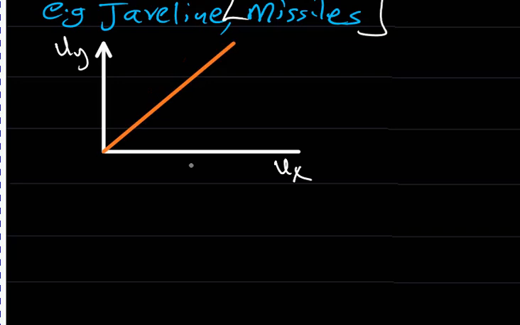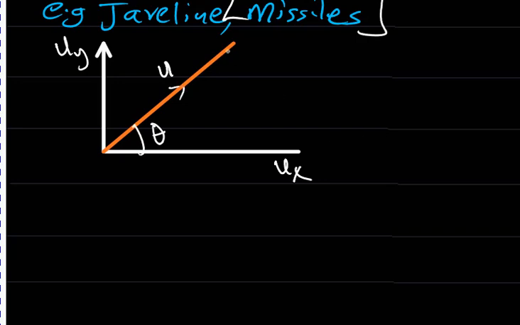Always take note of this: anytime a vector quantity, which this time is the velocity, is inclined at an angle, we can resolve it into two components: the vertical component and the horizontal component.